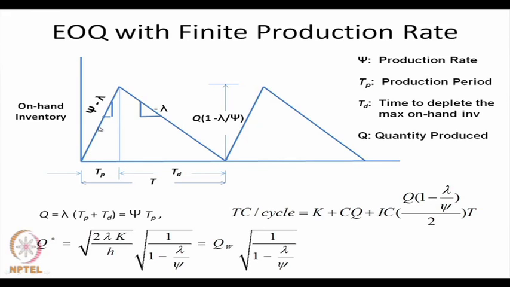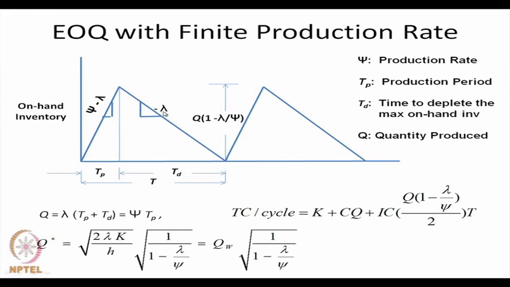Therefore, the rate at which the inventory rises is the production rate minus the demand rate, and at this point the total quantity demanded for replenishment is available, and therefore, no more production takes place for this particular item. From this time onwards, the on hand inventory reduces as per the demand rate lambda.